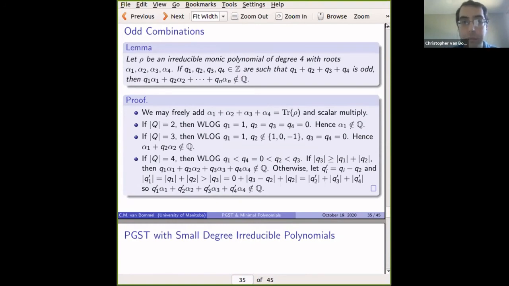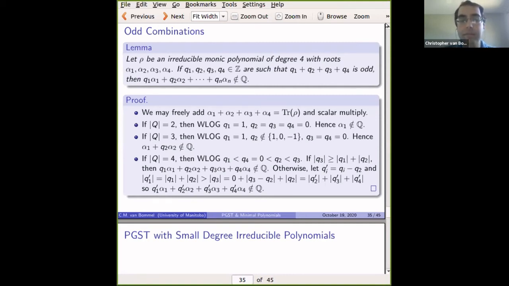And those results are enough if we have an irreducible polynomial of degree 4, and we look at combinations where the sum of the coefficients is odd, that will rule out that this combination can be rational.